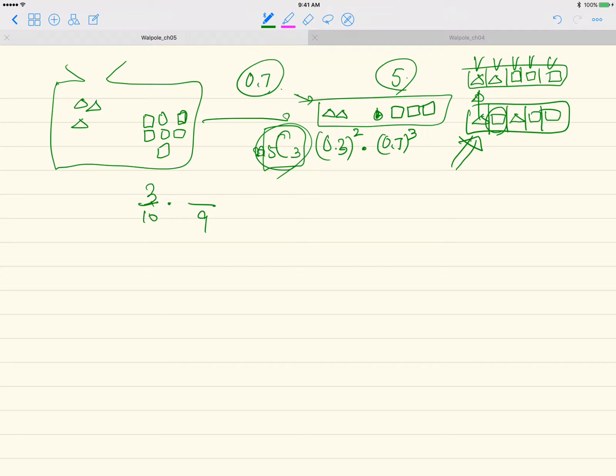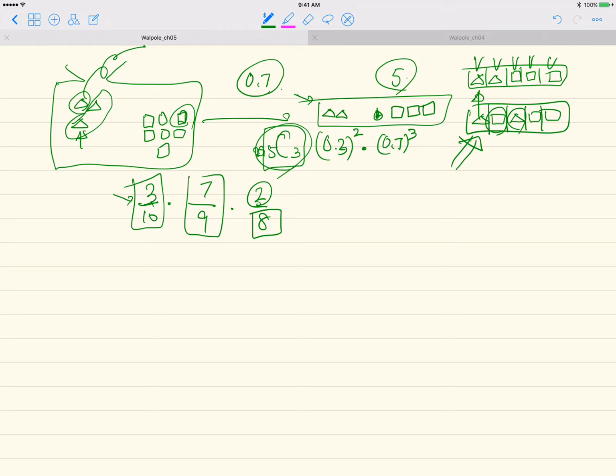It will be 7 over 9, because we reduced the total number of elements in our basket, right? Then picking up the triangle will be 2 over 8, because one was already picked up in the first place, and another rectangle was picked up, so the remaining total is 8, and the remaining triangles are just 2.